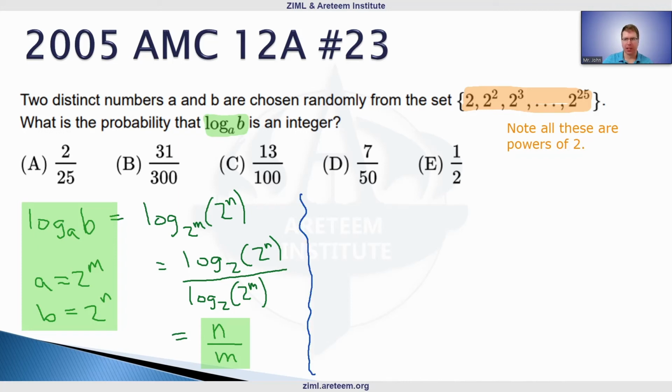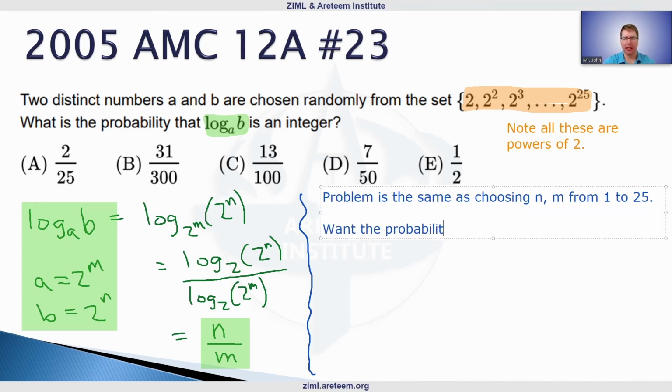We can think of choosing from 1 to 25. So the problem is the same as choosing from 1 to 25, which are all of our powers of 2. We're rewriting it that way, and we want the probability that n divided by m is an integer.